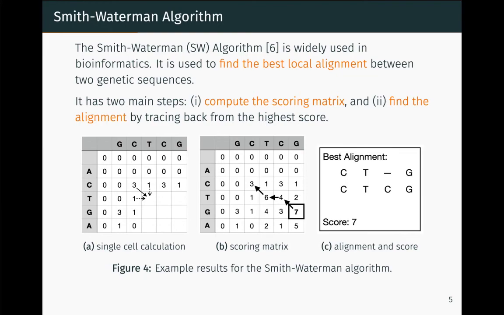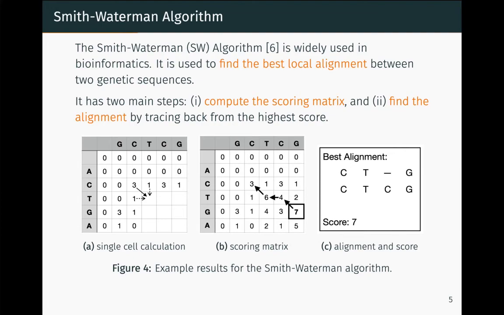The last piece of background we need is the Smith-Waterman algorithm. This is widely used in bioinformatics to find alignments between genetic sequences. In our methodology, we're going to use this algorithm to align message sequences.